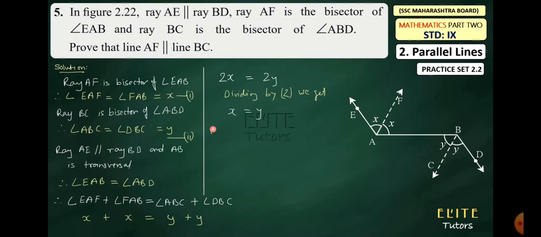In the place of X, we will write angle FAB equals, in the place of Y, we can write ABC. If angle FAB equals angle ABC, we can write ray AF is parallel to ray BC. हमको प्रूव करना था AF पैरेलल है BC के.